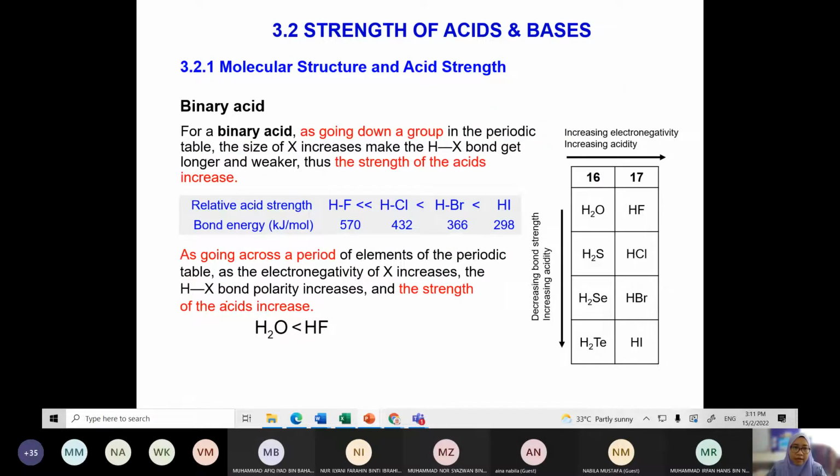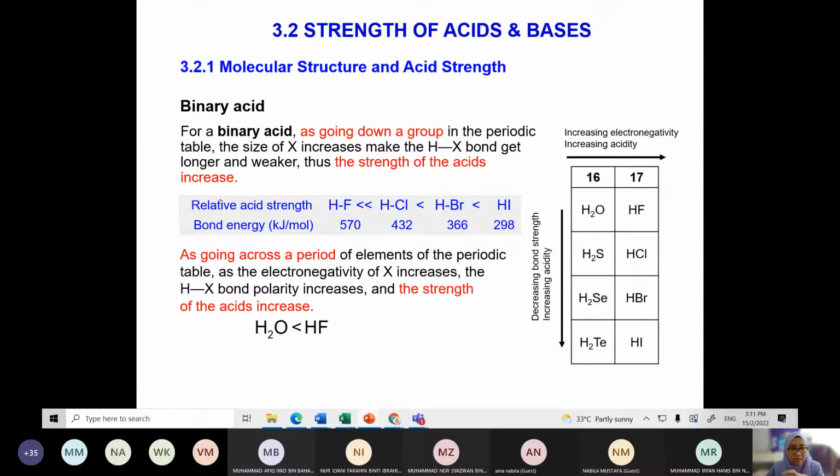Let's start with binary acid. For a binary acid, as we go down the group in the periodic table, the size of X increases, making the HX bond longer and weaker, thus the strength of the acid increases. What we want to study now is the strength of acid based on the type of acid that we have learned just now.